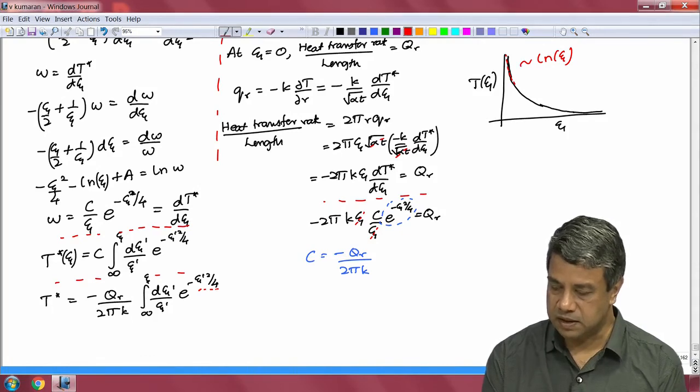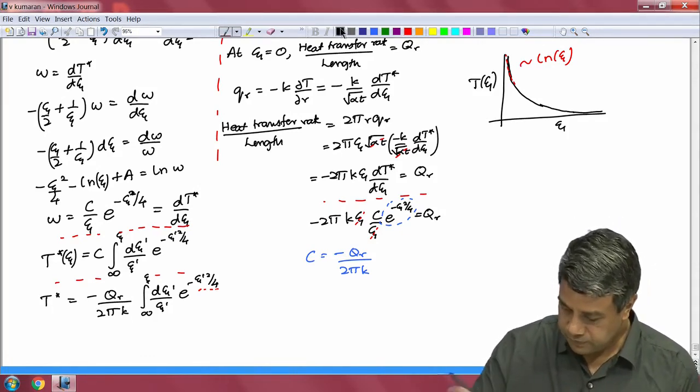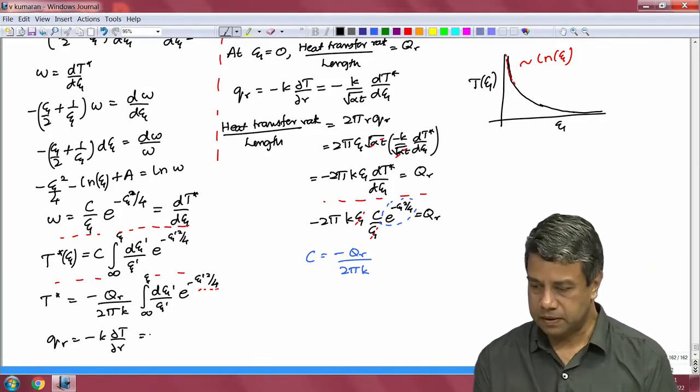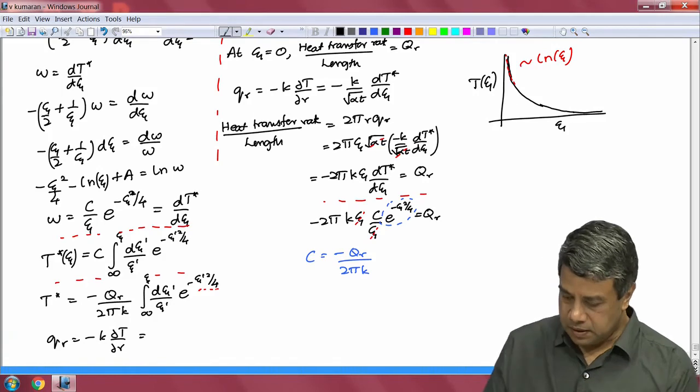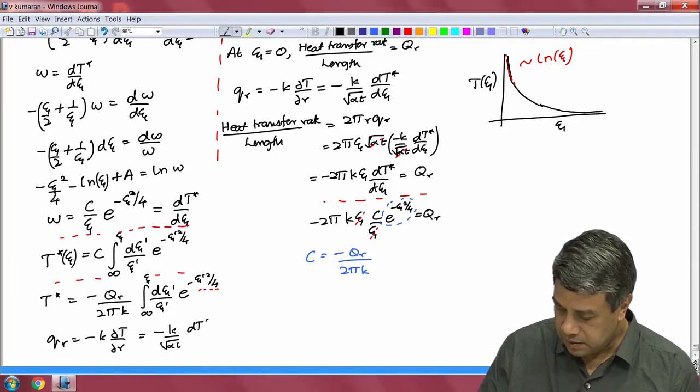Note that the heat flux is given by qr is equal to minus k dT by dr. And this is equal to minus k by root alpha t, dT by d psi.